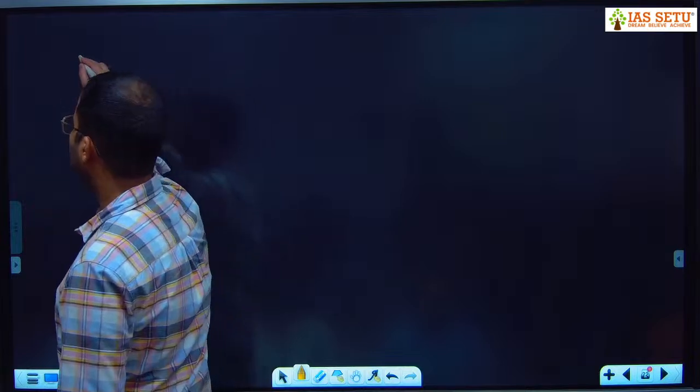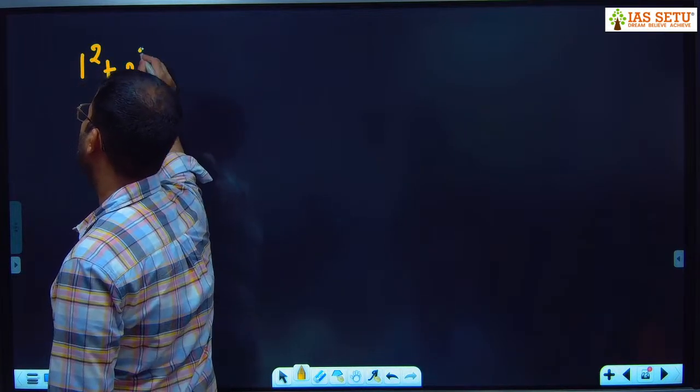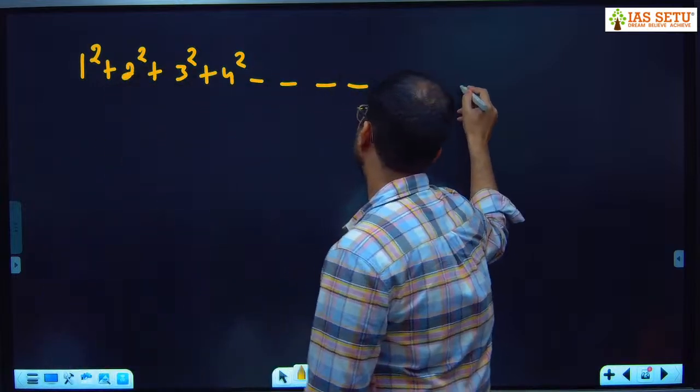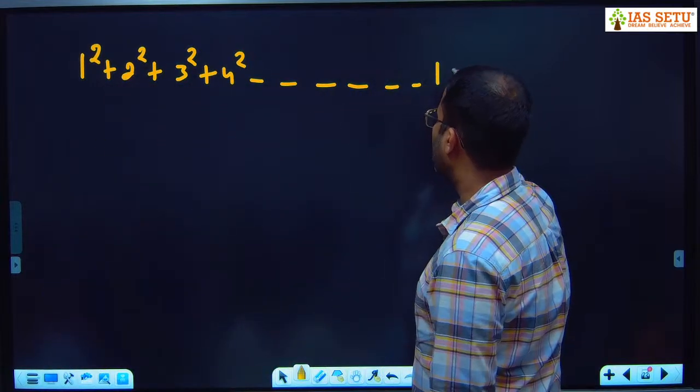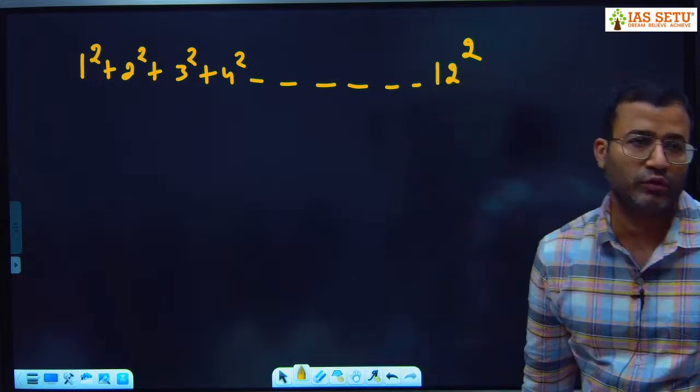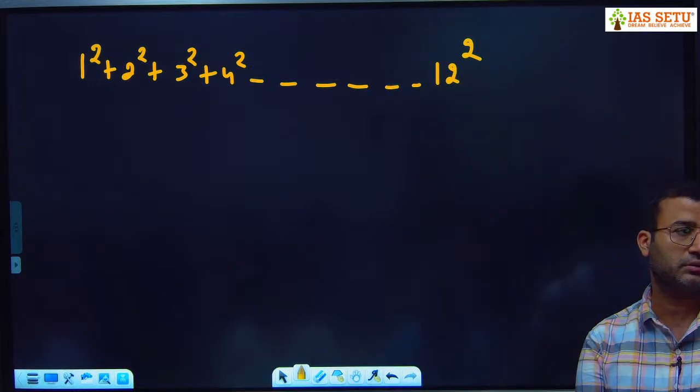One more question. 1 square plus 2 square plus 3 square plus 4 square up to 12 square. Find the sum of the square of first 12 natural number.